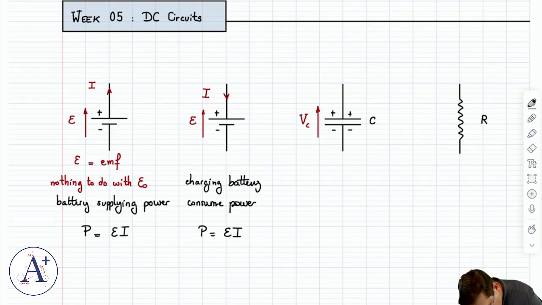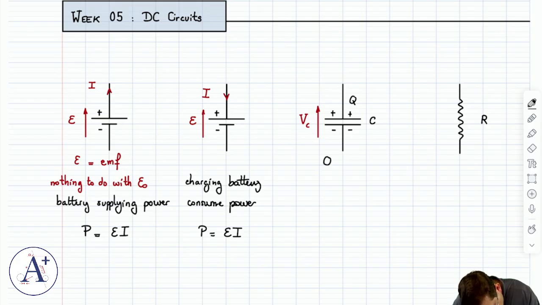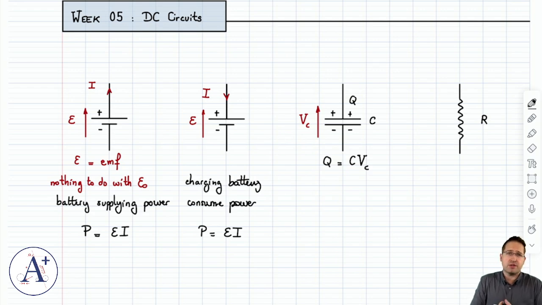We have positive charge on the top plate, let's call it Q. And we know that Q is C VC. We know that C, at least for a parallel plate capacitor, is epsilon naught A over D, where A is the area of the plate, D is the spacing, so we have all that.